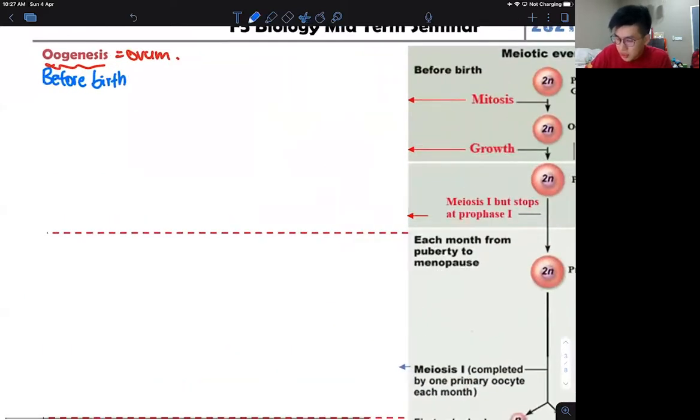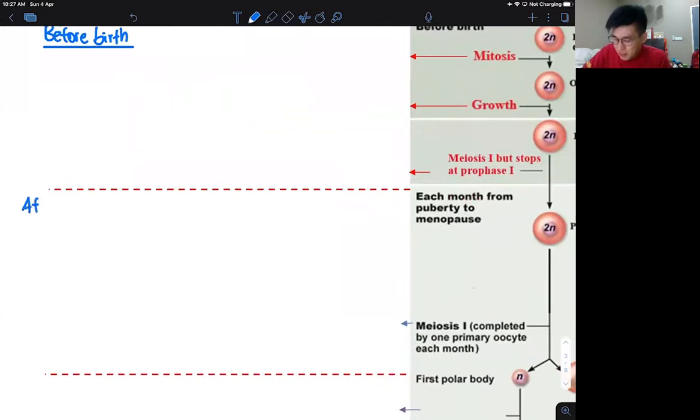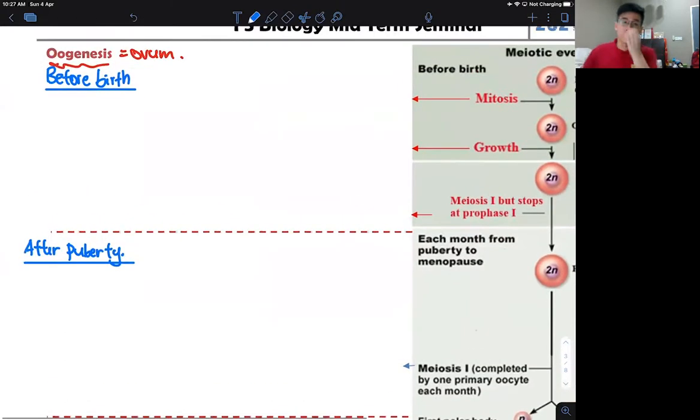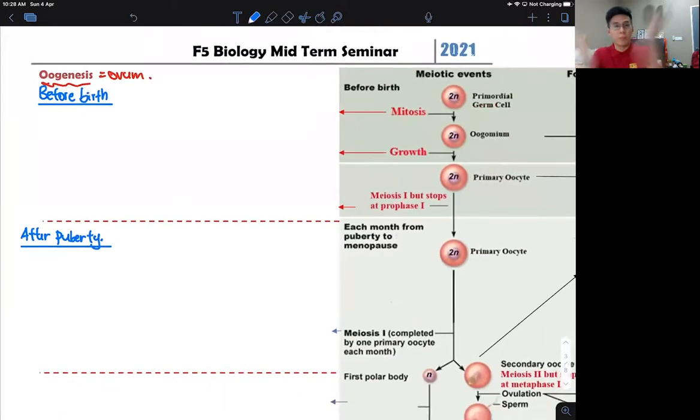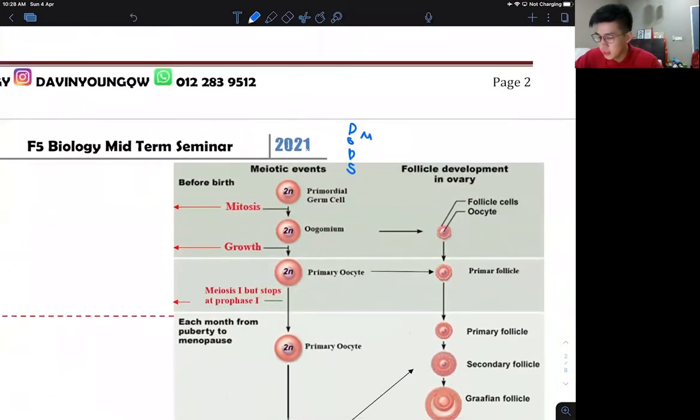Another one is after puberty. Basically, all girls, if you don't know by now, your ovum begins to form before you're even born, which means when you are a fetus inside your mother's womb, your ovum already starts to produce.